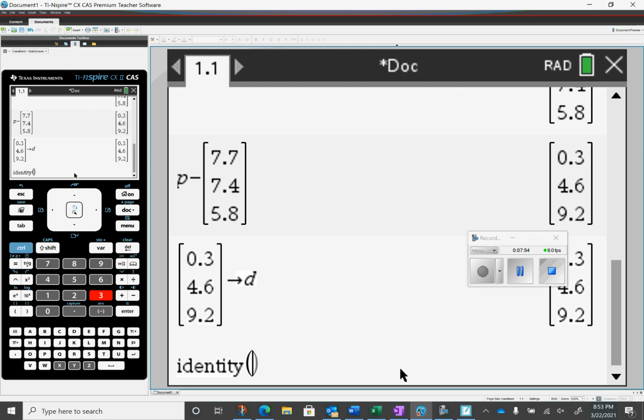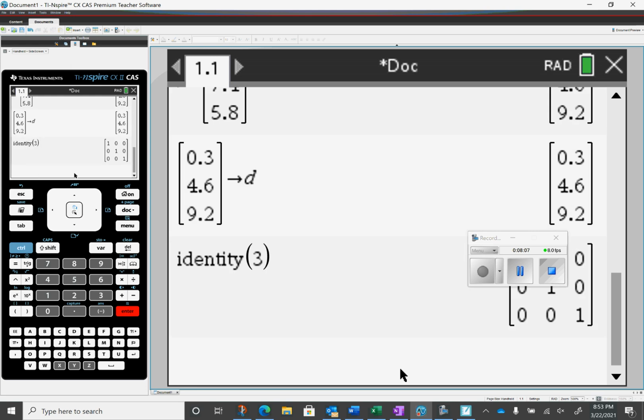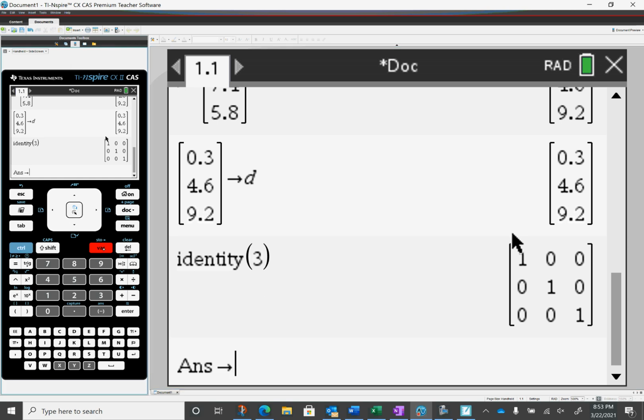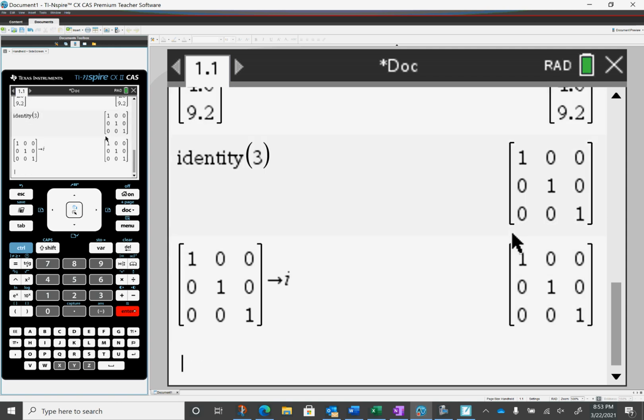Again, to get that to match up with matrix C, which is a 3 by 3, I need an identity matrix that's also 3 by 3. In other words, it has a degree of 3. And there it is. And again, I want to control variable, store that as matrix I as my identity. Okay, now I think I have everything that I need here.